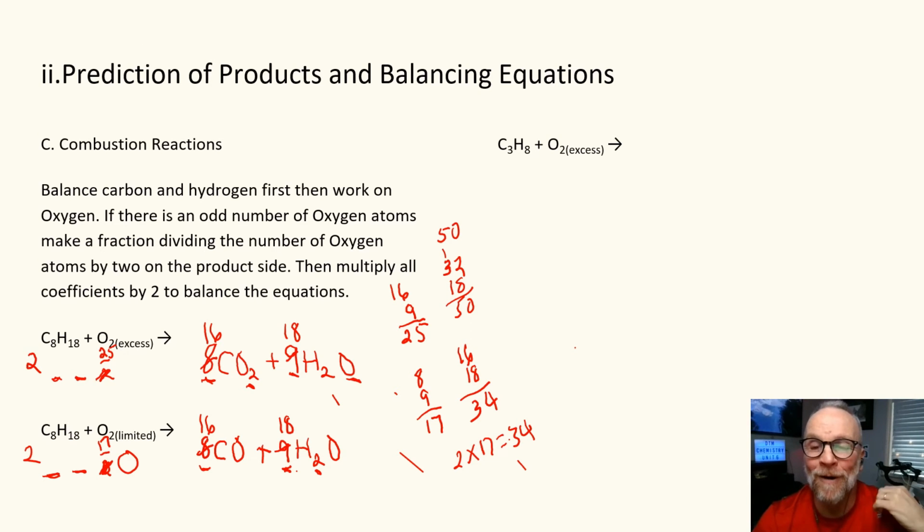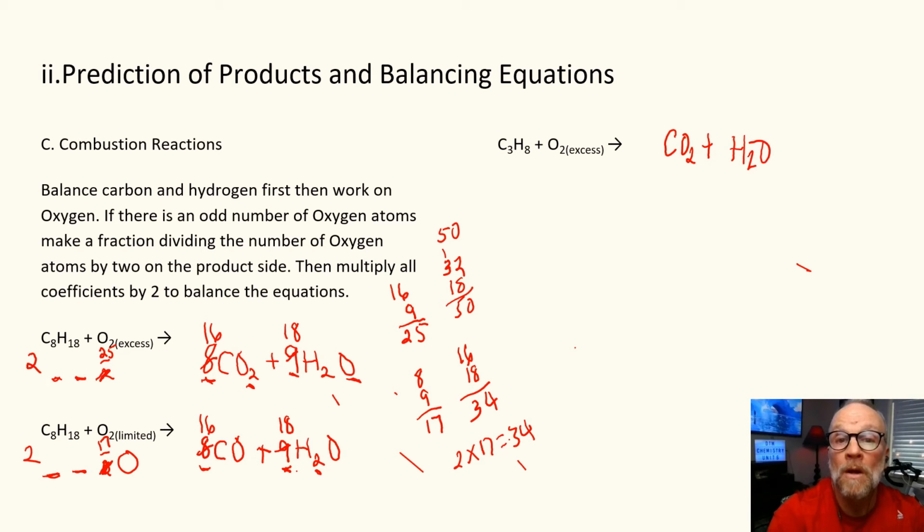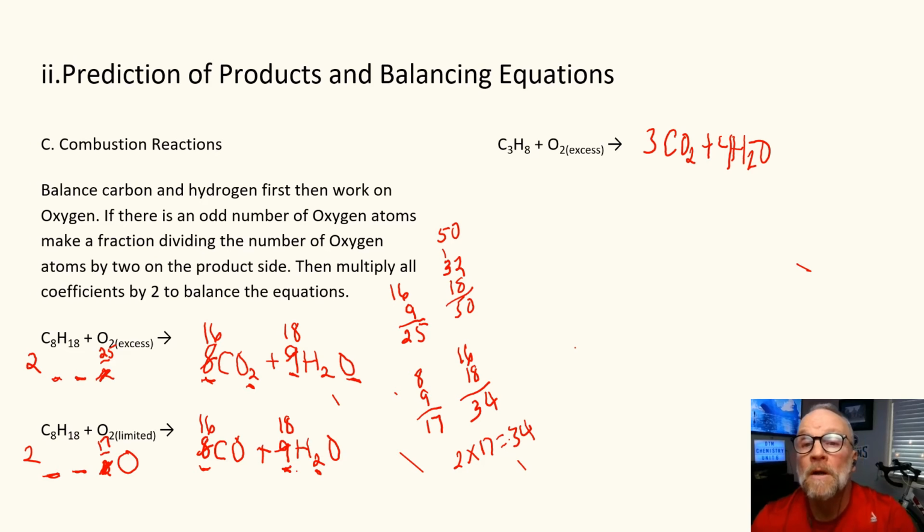And we are working outside, so we have plenty of oxygen. And so in our propane, we'll have carbon dioxide and water as our example here. So 3 and 4 for our carbon and hydrogen. 3 times 2 is 6, right?